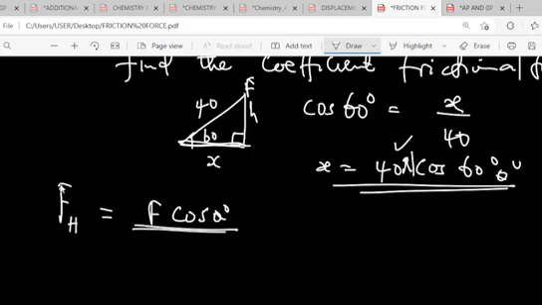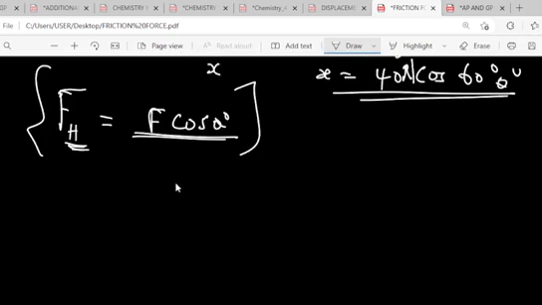When you are given an angle, just know that what you are finding is the horizontal force. When you use frictional force, it is the horizontal force. So to find the horizontal force, you just do force multiplied by cos theta. That is what we are going to do from this diagram. So you take the force, which is 40, multiply by cos 60 degrees, and you will get your answer.